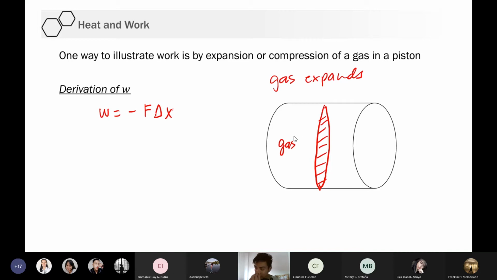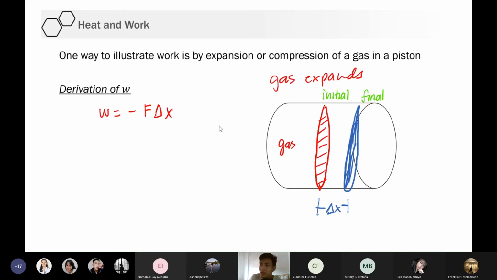If the gas expands, ito yung initial mo, tapos yung final, andito na. Itutulak niya yung takip, no? So, syempre, may change in x, may change sa distance. Okay? Let us try to derive work from this diagram.